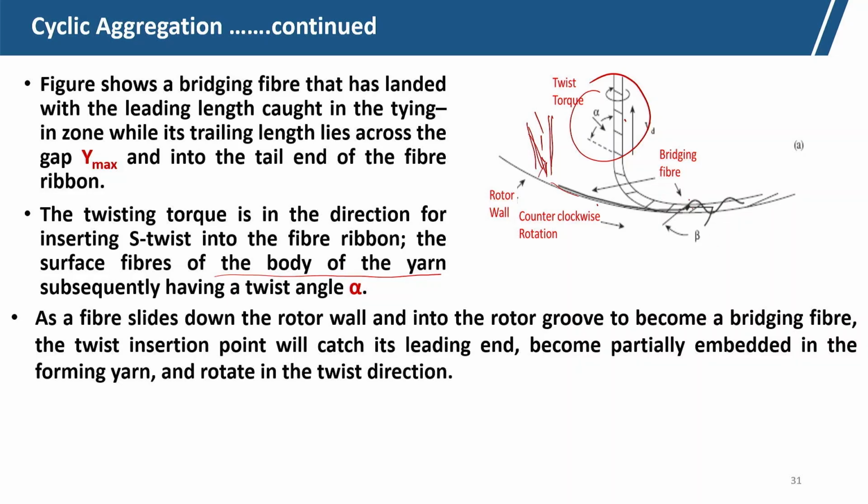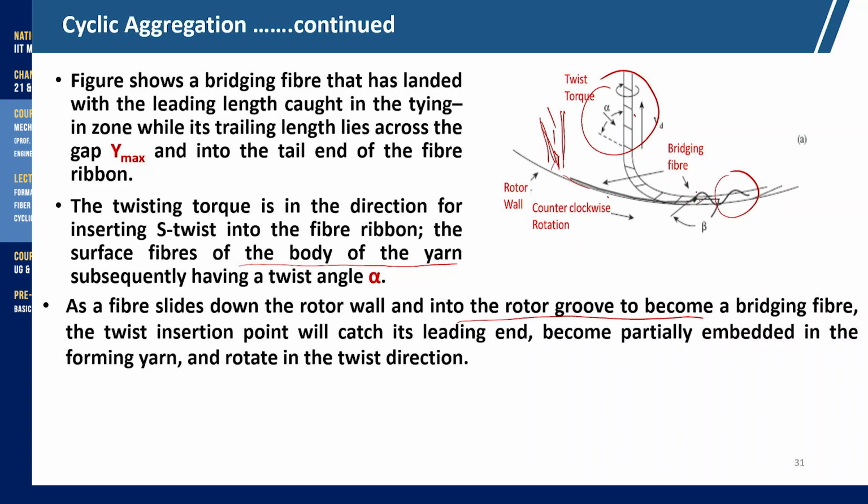The fibers slide down the rotor wall into the rotor groove and become a bridging fiber, and the twist insertion point will catch the leading end. So, this is the leading end, and it becomes partially wrapped.